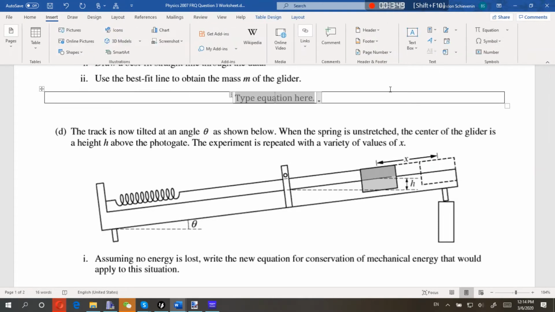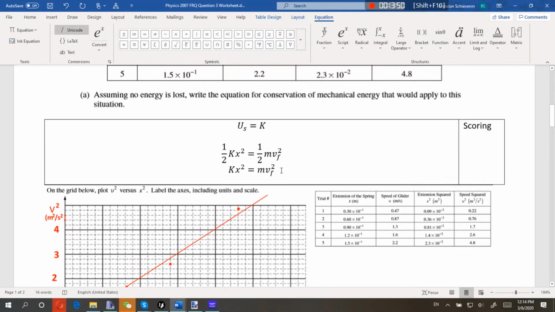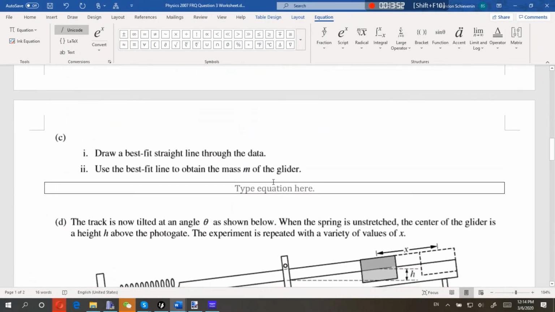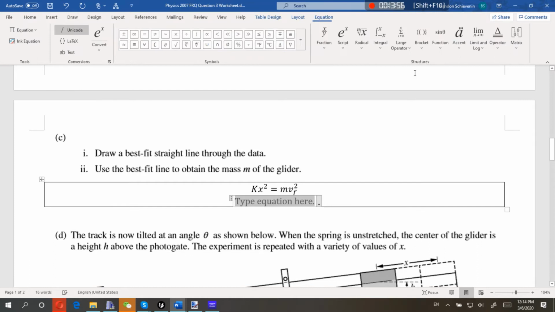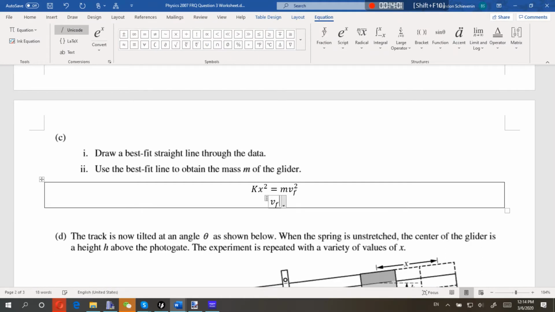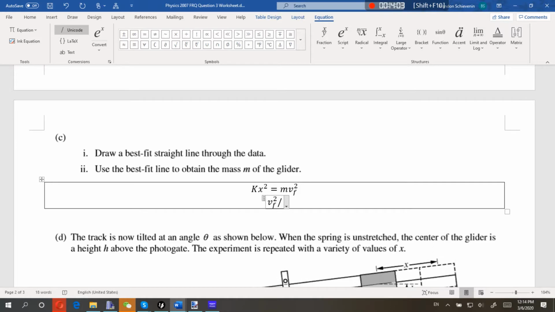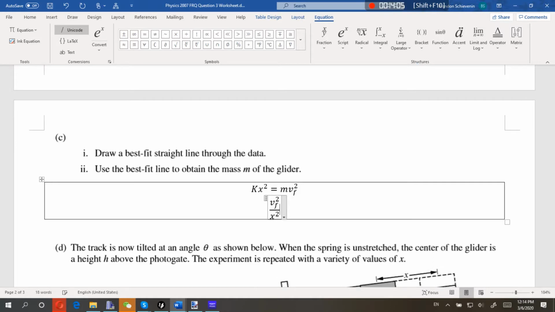So you said copying this line here. If we divide v sub f squared divided by x squared, which would be the slope of our best fitting line here, I would get m divided by k, right? Yep. Sorry, k over m. K over m. Okay.